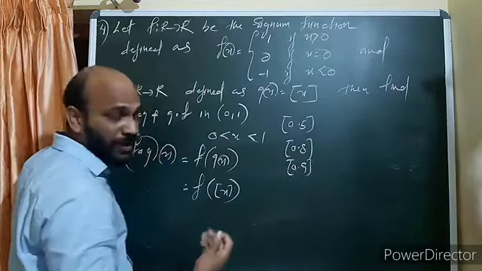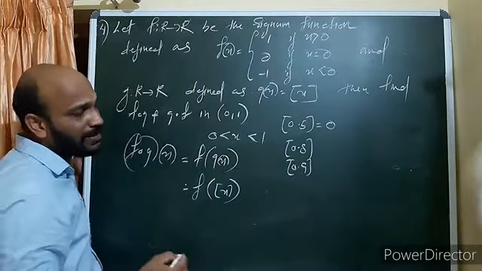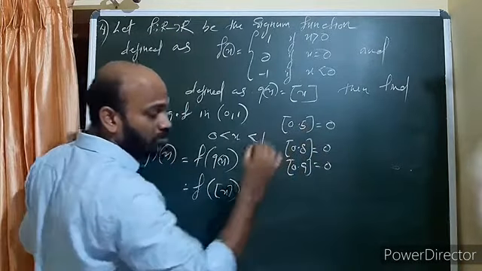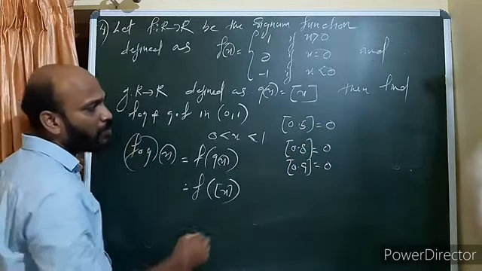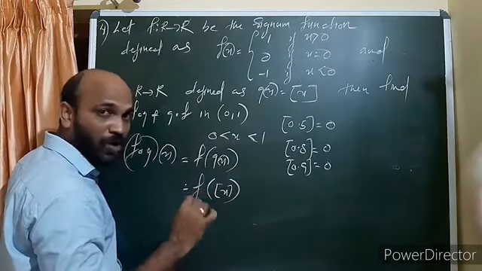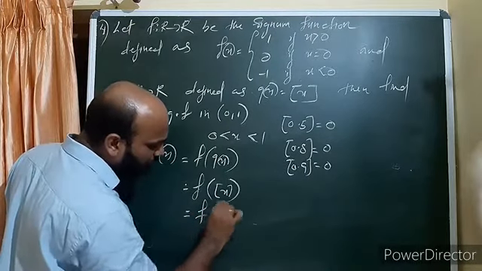Such values you have to find. All these values will be equal to 0, the greatest integer less than or equal to this number. So if you take any value between 0 to 1, the greatest integer of that value will always be 0. So this will be equal to f of 0.